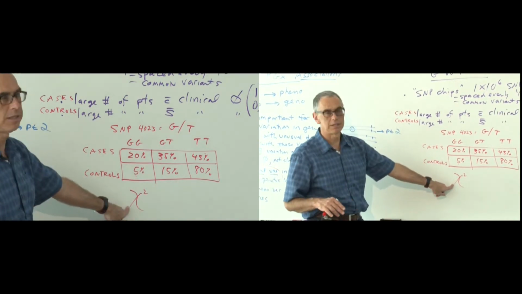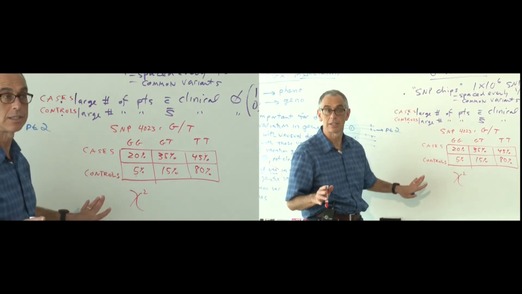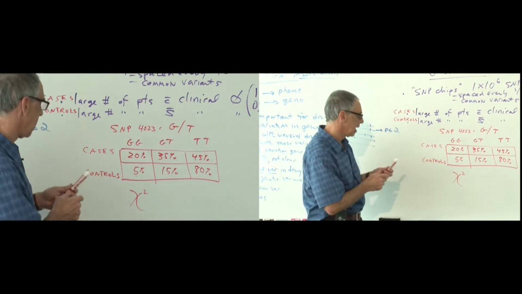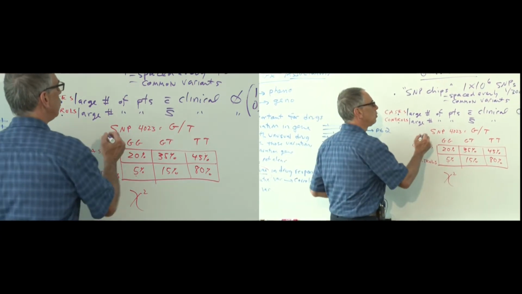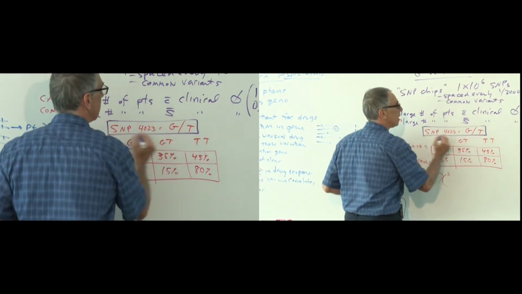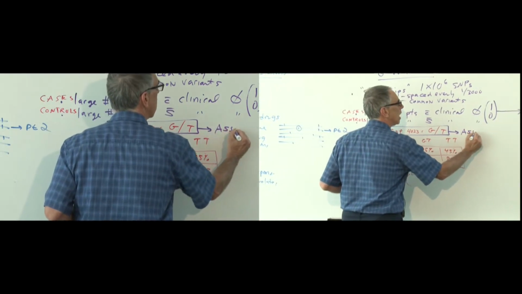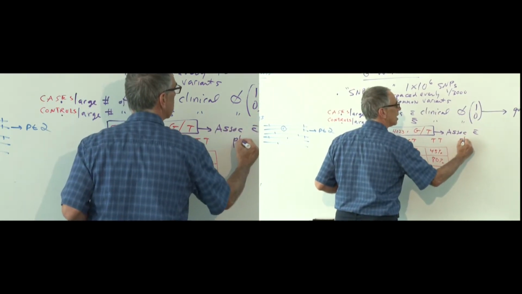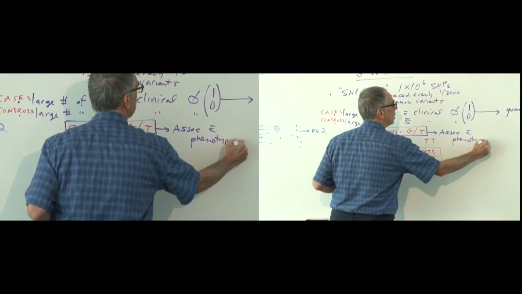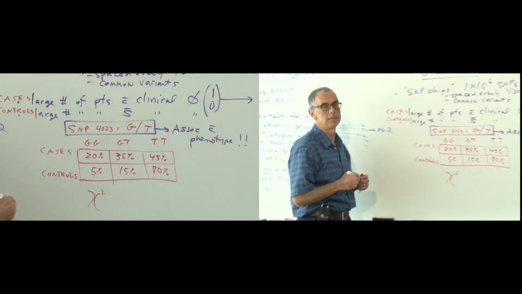We do that through the statistical chi-squared test. There are other tests as well. And we say, wait a minute, SNP 4023, the GT SNP, seems to be associated with our phenotype of interest. And that is worth a couple of exclamation points.